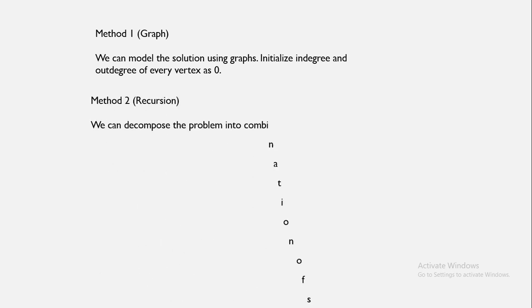So let's go to method 2, recursion. We can decompose the problem into a combination of smaller instances. Say if we know the celebrity of n − 1 persons, can we extend it to the solution for n persons?